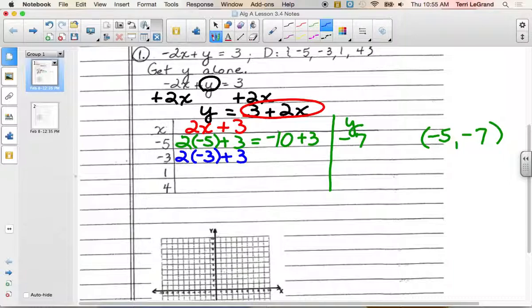And yes, you have to show this work. 2 times -3 is -6. And we have to add 3 to that -6. -3. -3. So what ordered pair is this? -3, -3.